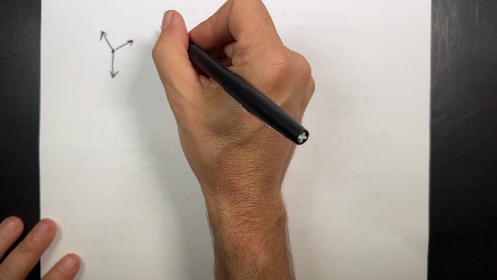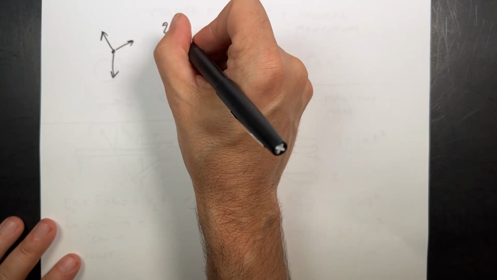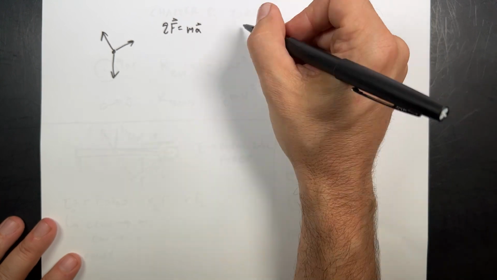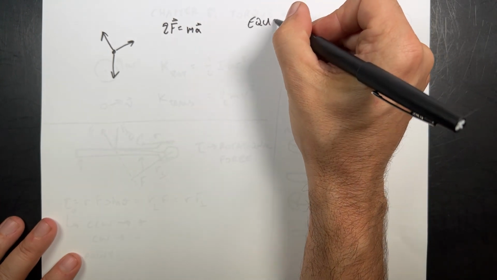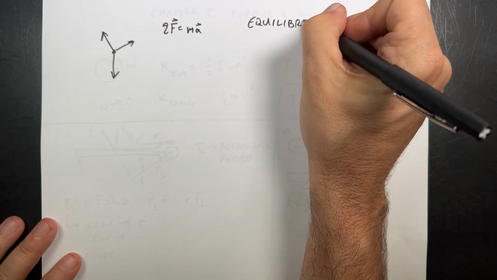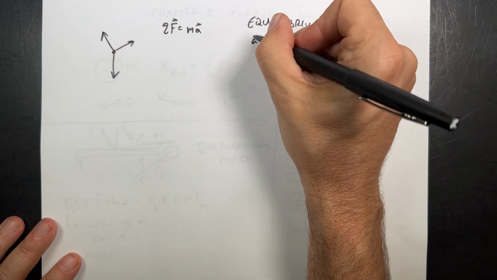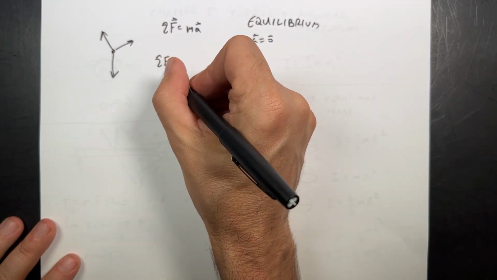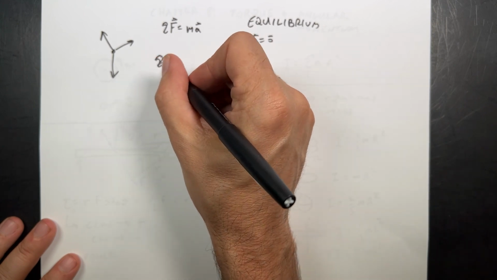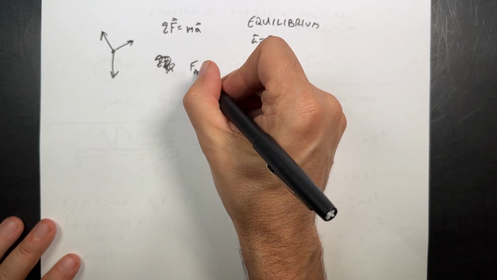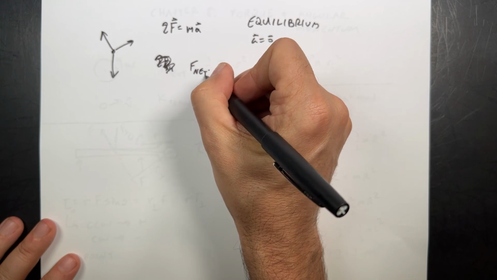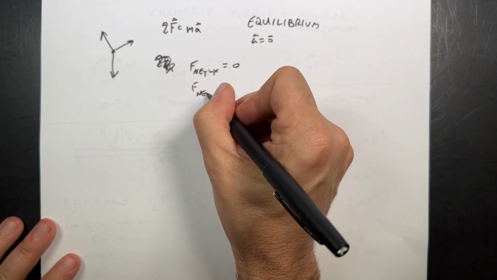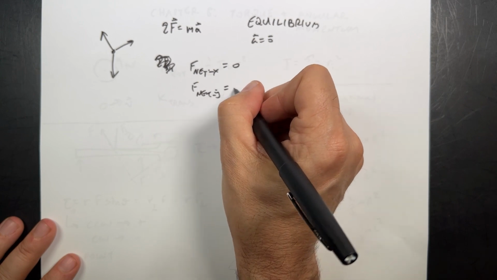And then I said the sum of the forces is equal to mass times acceleration, but at equilibrium, a is 0. So we usually get two things. The net force, I used F net, in the x direction is 0. F net in the y direction is 0.